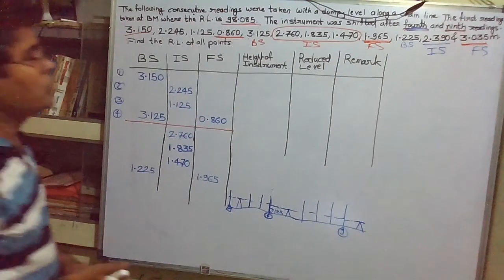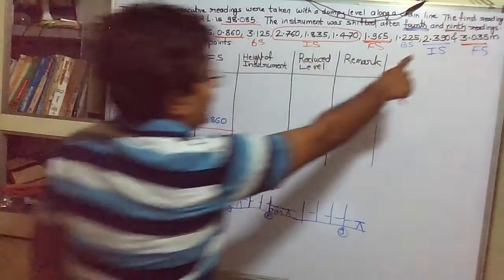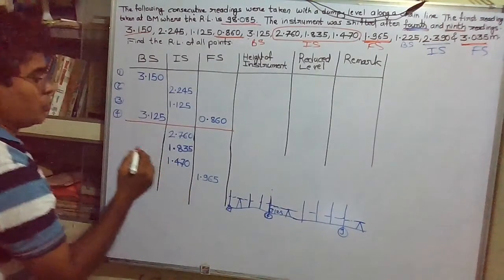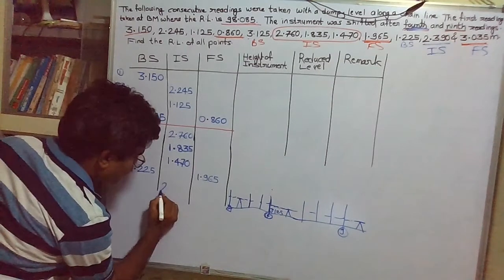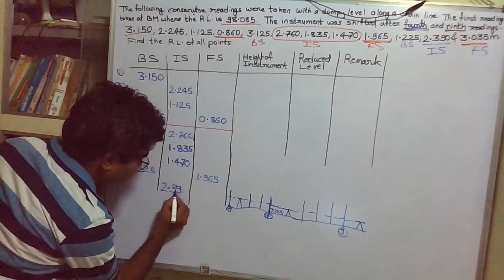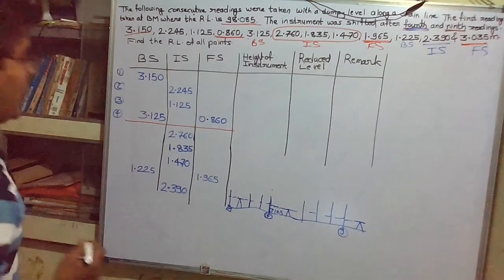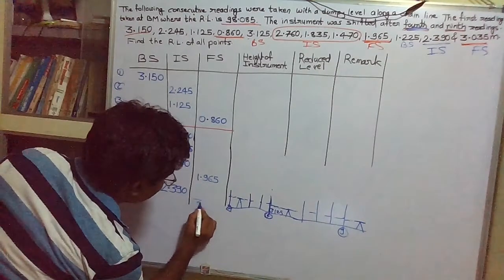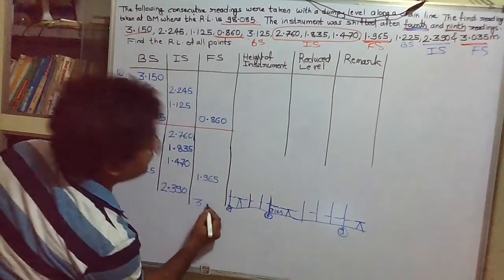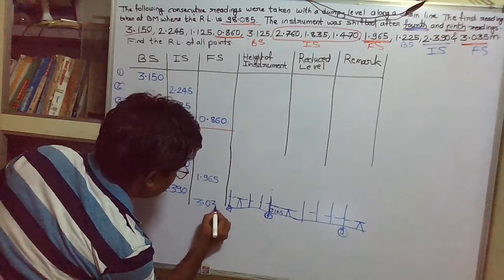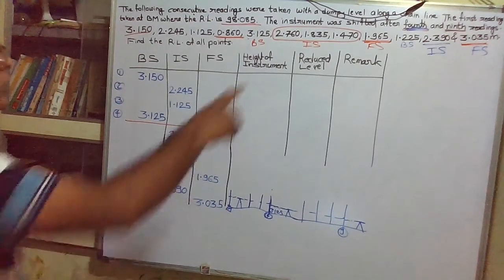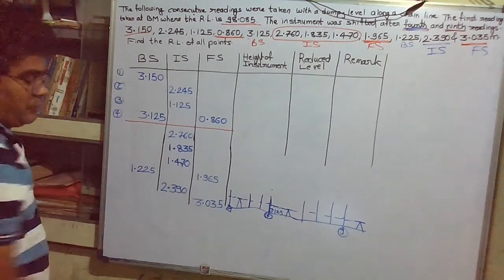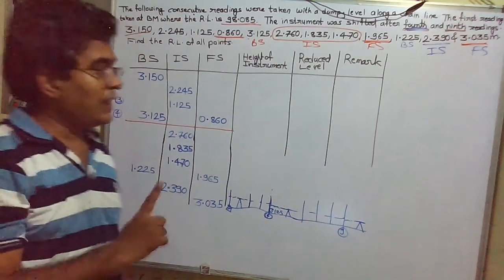So after 1.225, the next reading 2.390 goes in the intermediate side, and the last reading we write in the foresight, that is 3.035. We have written 3.035 in the foresight, as it is the last reading.